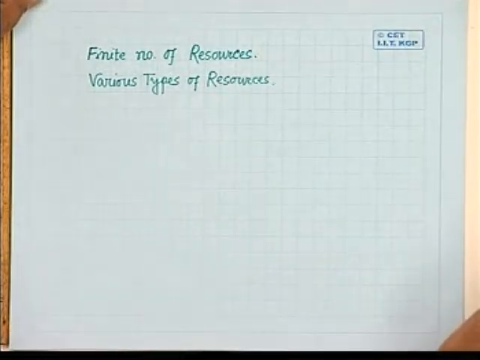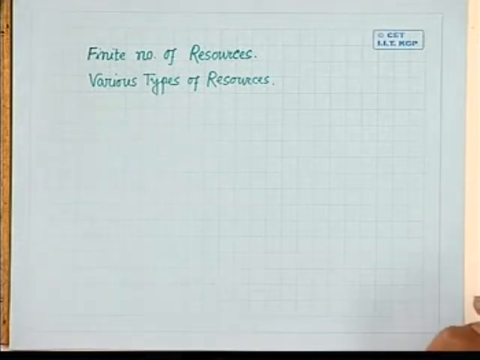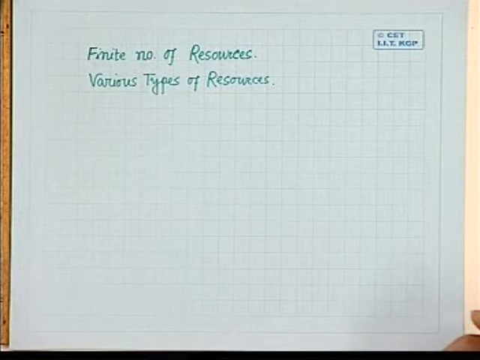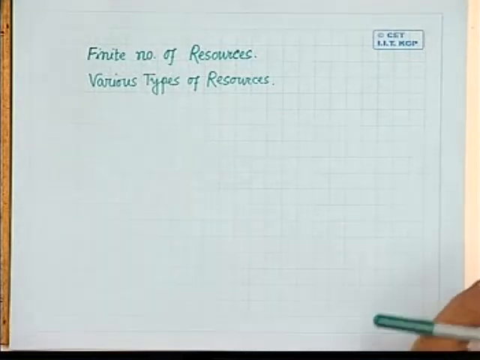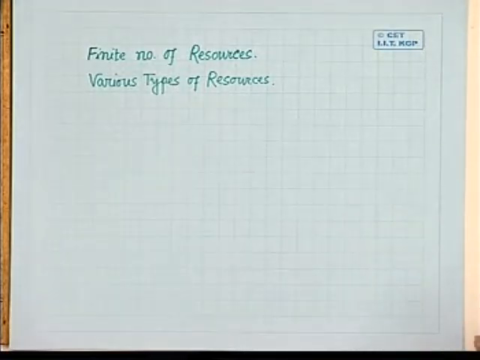Okay. And also we assume that every resource type can contain a number of identical resources, which we'll call instances of that particular resource type. So for example, a system can have say 5 printers, and if all the 5 printers are identical, I'll put them as a printer type having 5 instances of that particular printer.